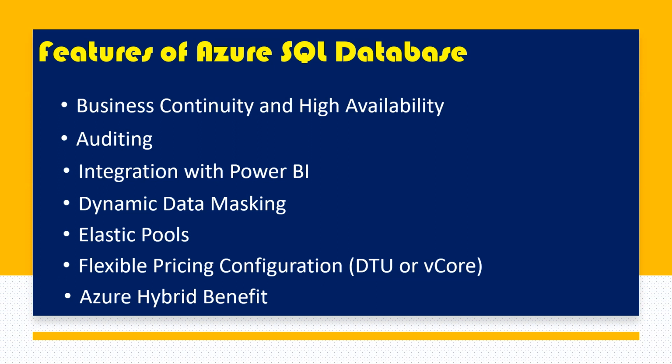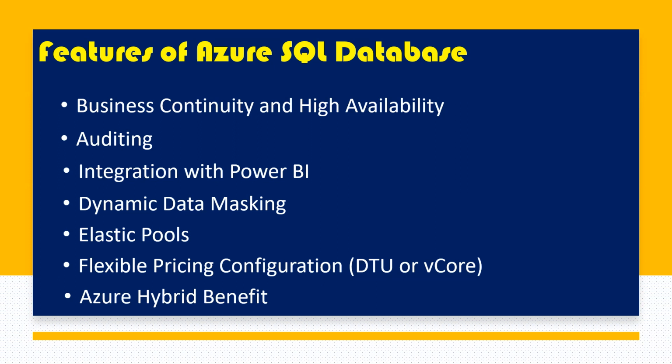And Azure hybrid benefit. This is something we already discussed, right? If you want to use your on-premises license with your cloud, yes, it's possible. That feature is called hybrid benefit. Hybrid is a combination of two, right?